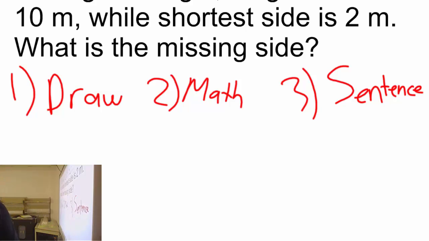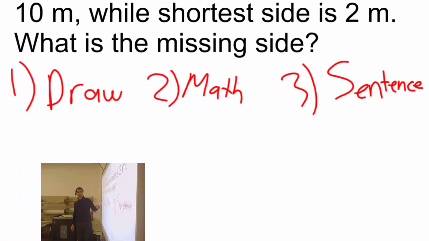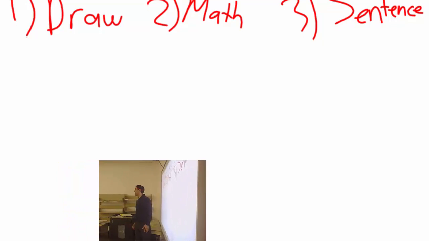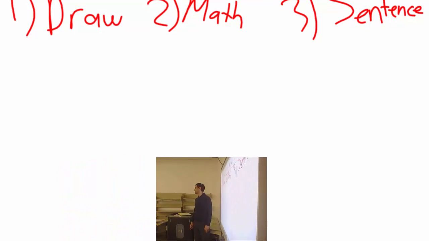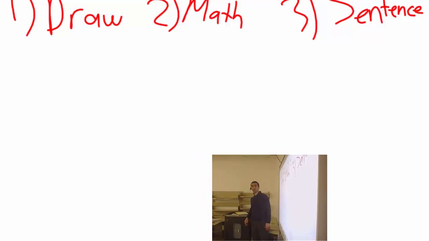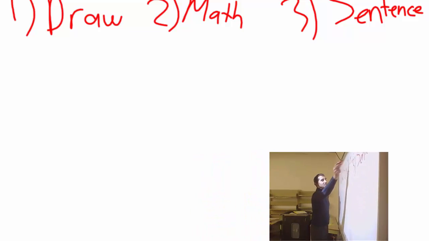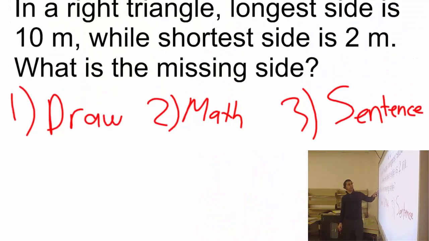Sentence. I need sentence here. So I need three things when you read a word question. So drawing. You don't have to be Pikachu about this. Just try your best.